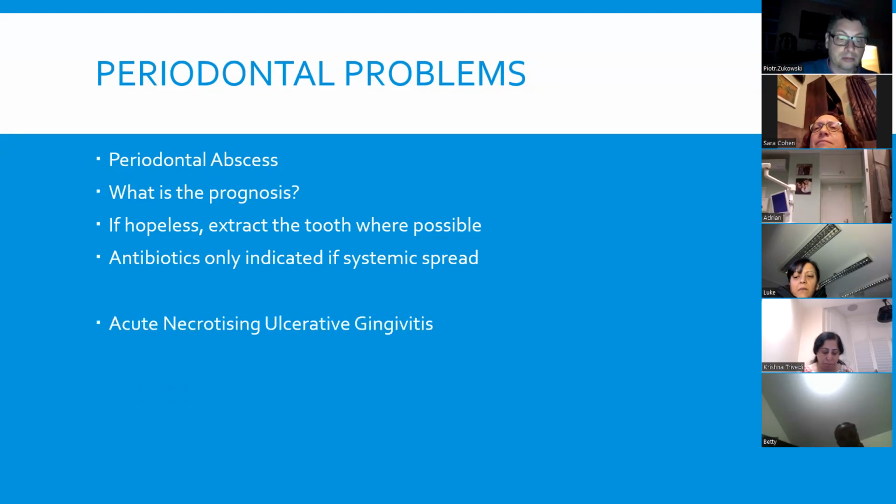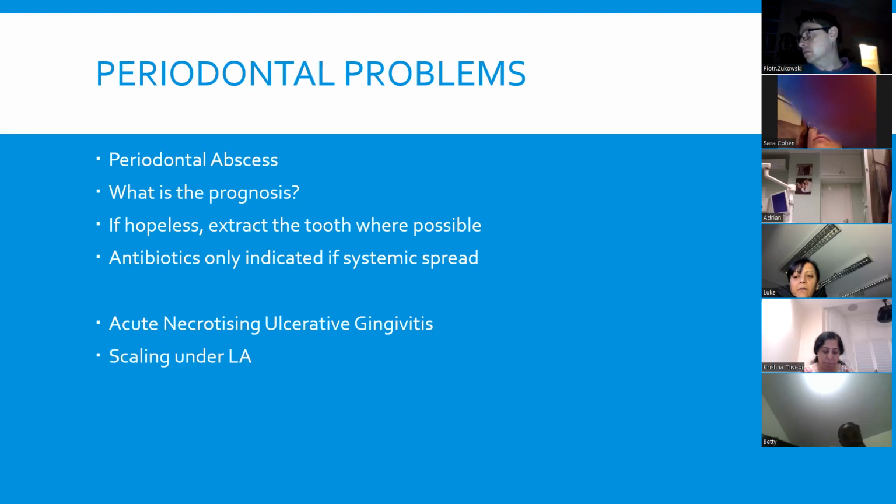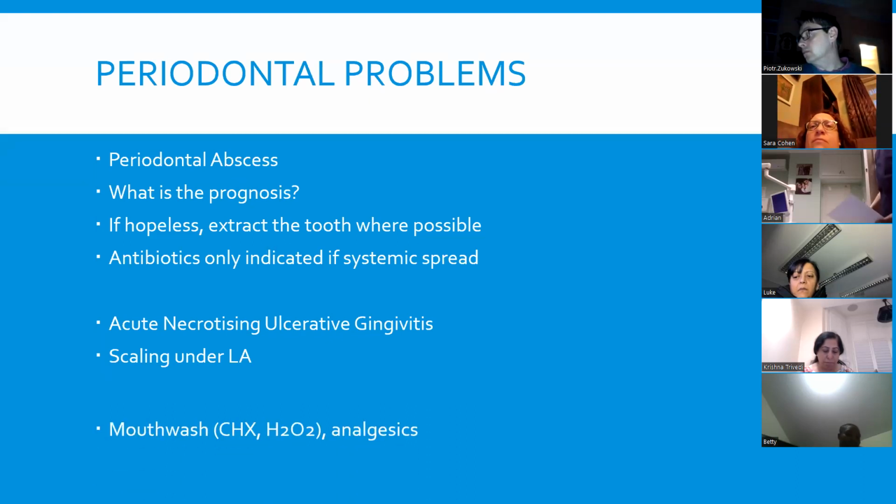ANUG. And I've seen cases of this recently. You go for a glut of them sometimes, but it's not that common, but it's not uncommon either. Scaling under local anaesthetic is the treatment of choice. Get them numb and get it a bit cleaner.